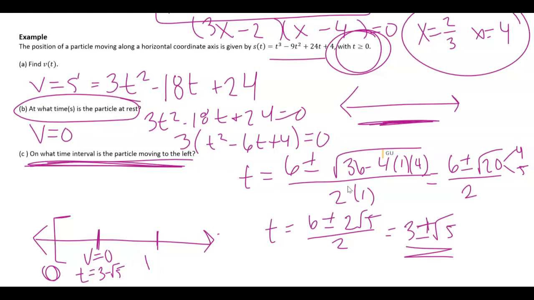And one of the times I know my velocity is 0 is t equal to 3 plus the square root of 5.